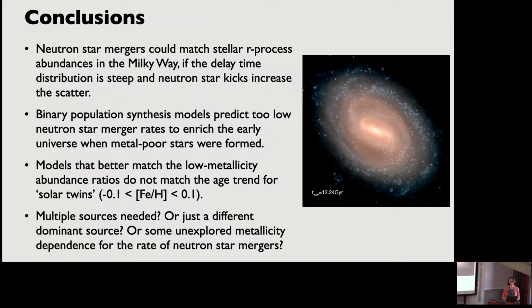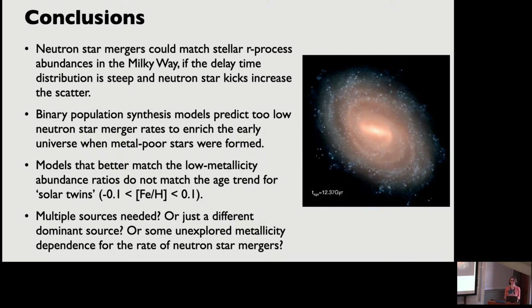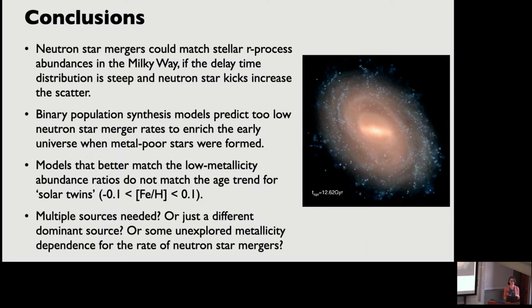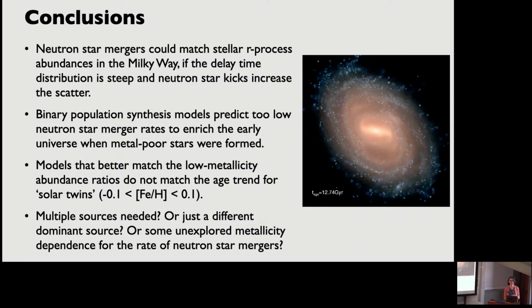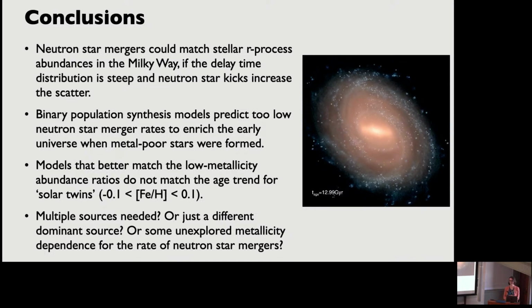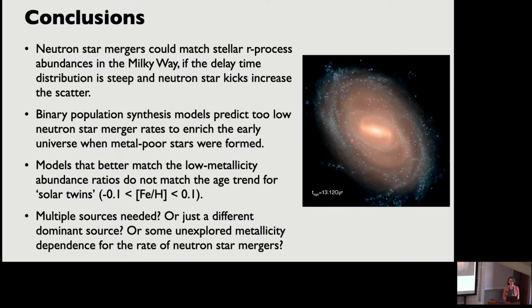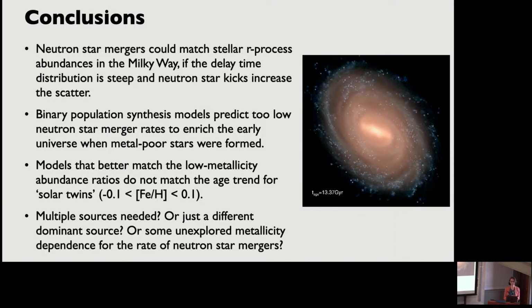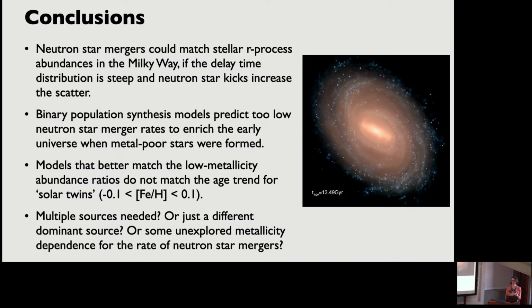I just wanted to say that we are trying to use neutron star mergers in order to explain the observed stellar abundance ratios of our process elements, and we're not having a very easy time with it. It's definitely not something that comes out very naturally. So if the delay time distribution is fairly steep, then the kicks can help increase the scatter.